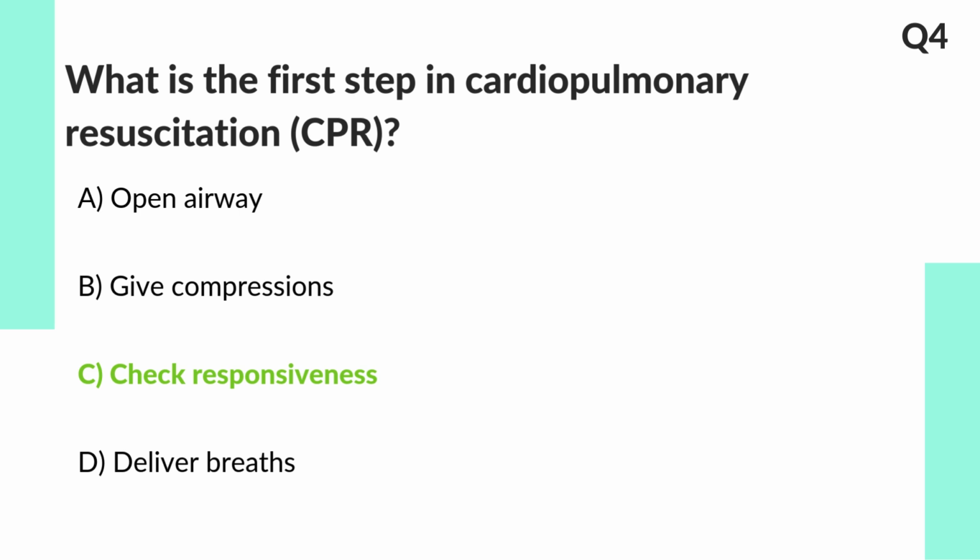So if you're somebody who is thinking about ABC, you could actually go wrong with this. Whereas check responsiveness is an interesting answer, and it's very much the answer to the question, because before you do CPR, you apply common sense to check the response of the patient, and if the patient is not responding, then you start with airway, breathing and compression. All right, so that's self-explanatory.